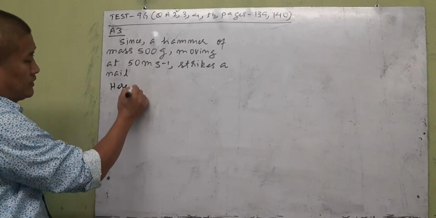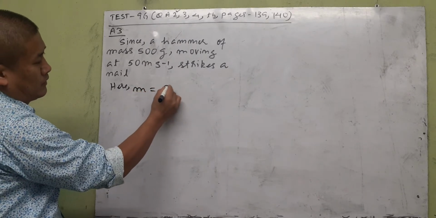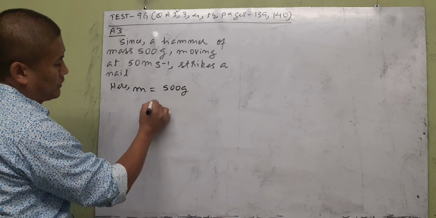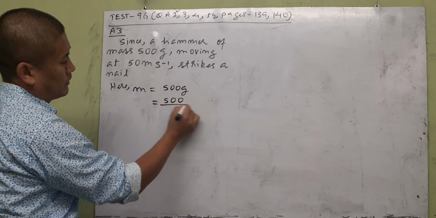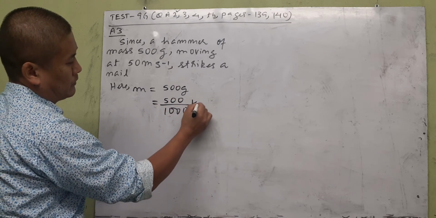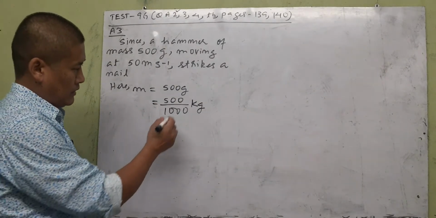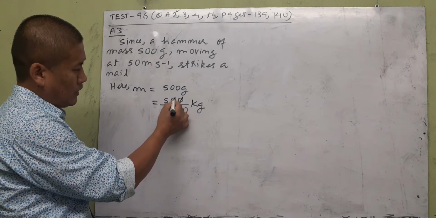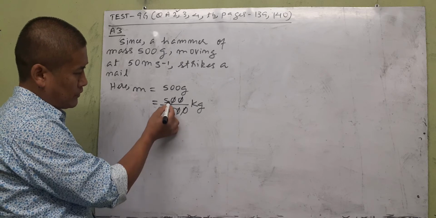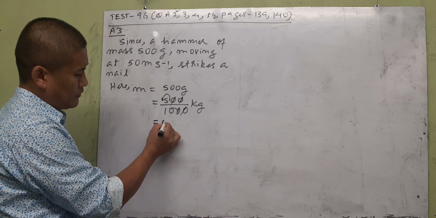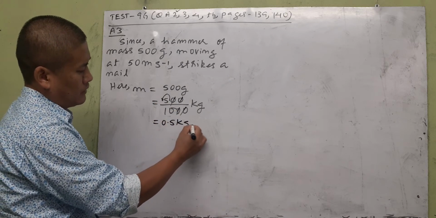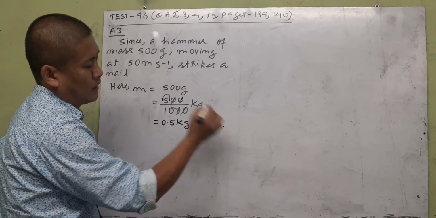See, this is gram means simply it's mass, so 500 gram. So there will be 500 divided by 1000 and become kg, because we need to change this to the SI unit, right? So here, this 2 0 cancel, still 1 is there, so the symbol will move here to the left of 5, so 0.5 kg is the mass of the hammer.